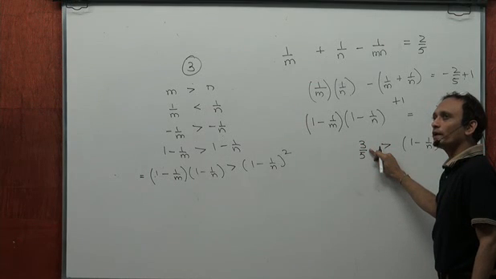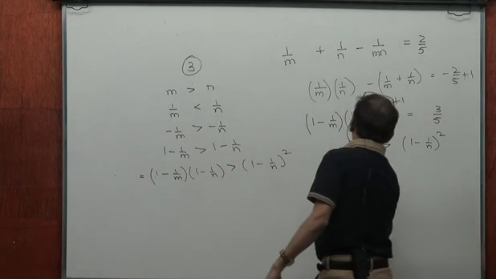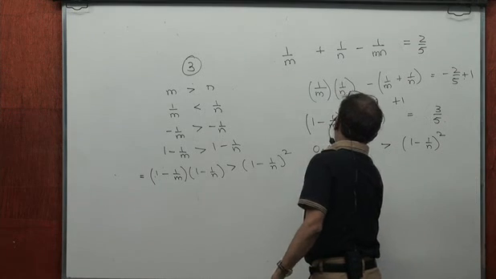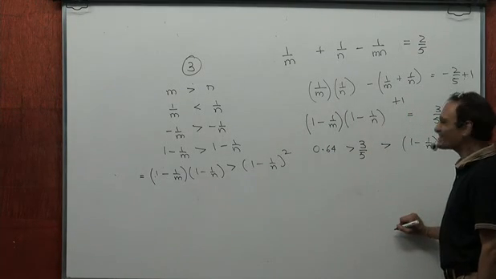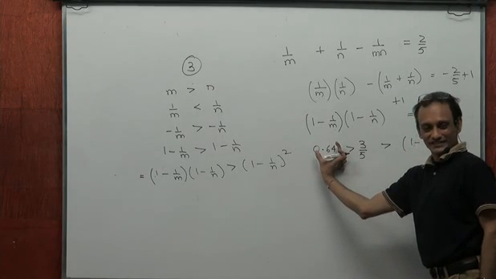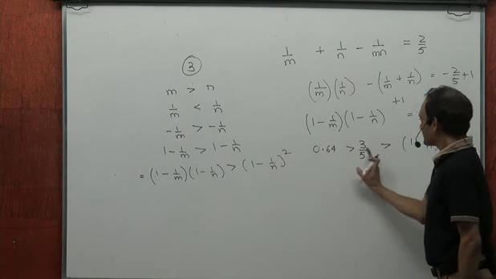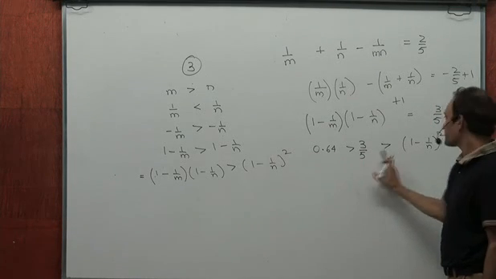What's the closest square to 0.6? 0.64. Can I say that 0.64 is larger than 0.6? Because I want to compare two squares for the ease of it.